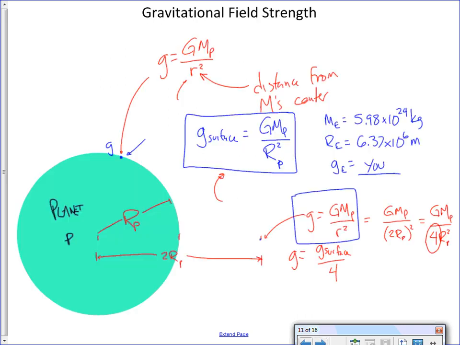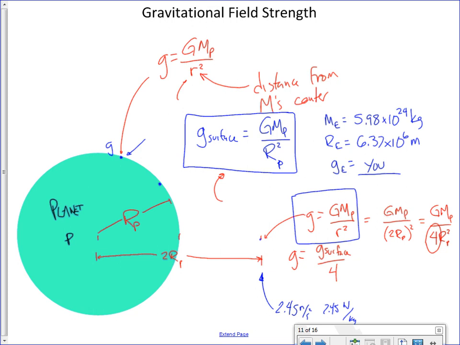If this is the Earth, then g here is 9.8. But g out here, twice the Earth's radius away, is 9.8 over 4, or 2.45. But it's still g.